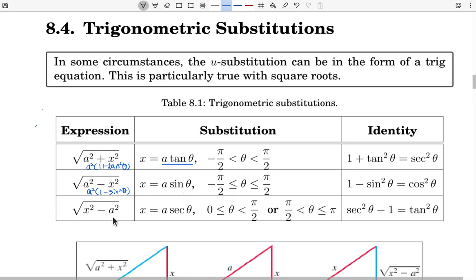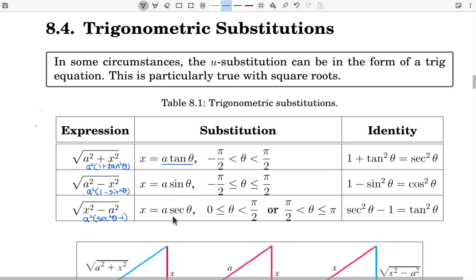Now look at that one. For that one, x squared must always be larger than or equal to a squared. So, for example, if we use a secant theta, then a squared is common, and secant squared theta minus 1 is tangent squared theta, so we can eliminate the radical.